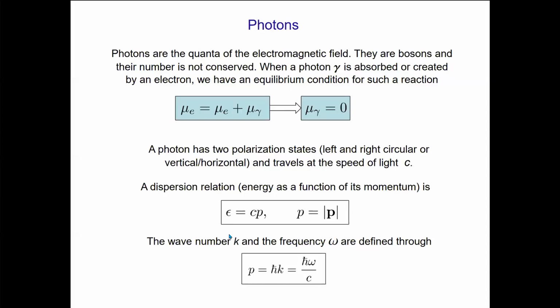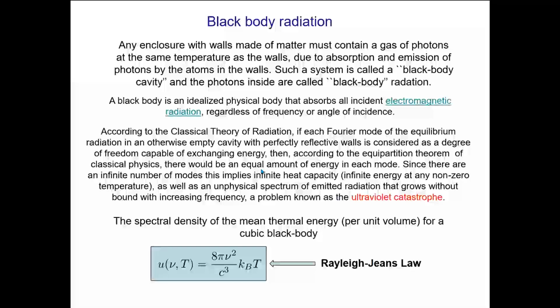And if we define the wave number and the frequency omega by standard formulas like this, then we can relate the momentum to the frequency. Then the energy obviously becomes, if you substitute the formula for the momentum, h bar omega.